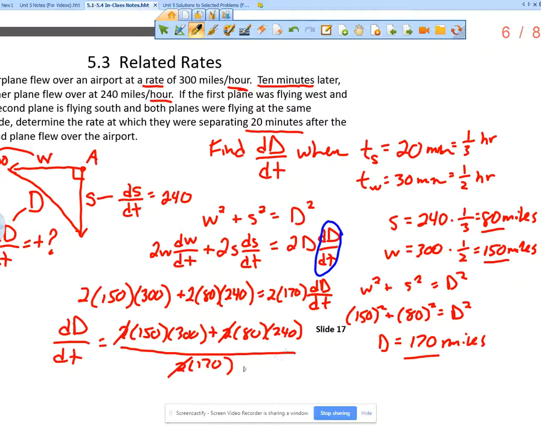All right, and that would be the rate at which the two planes are separating. Now, what are the units? Well, remember, our unit of distance is miles and our unit of time is hours now. So we would get a number of miles per hour. All right, and so that is slide number 17.